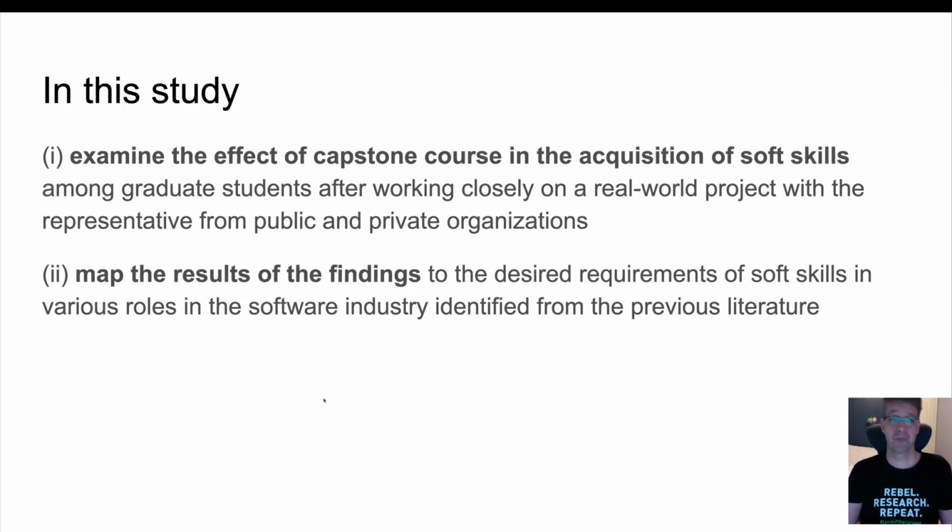In this study, we examine the effect of a capstone course, especially in acquisition of soft skills. And in the end, we try to map the skills found from our capstone course to the findings from software industry.